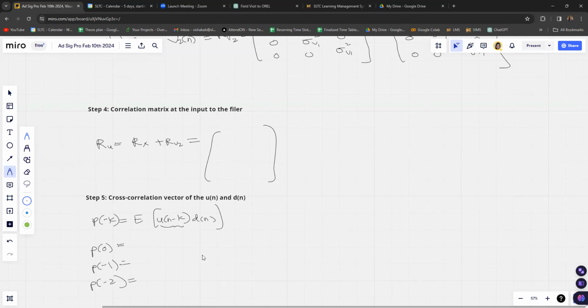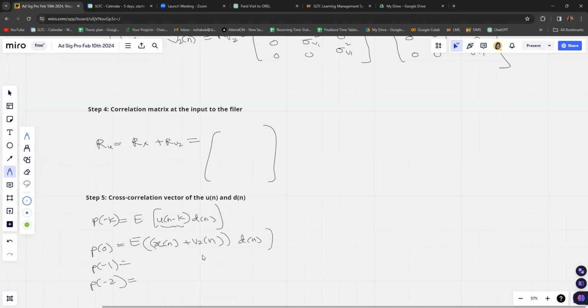So we have to now find the values of this expectation. We can substitute for un the xn values, using the relationship we got earlier. Basically, we can substitute xn plus v2n in here. For the case where k equals 0, un is equal to xn plus v2n.